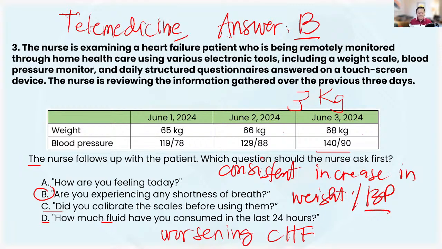Again, the assessment findings that we are seeing, the weight and the blood pressure, are indicating that there is fluid retention rather than the patient excessively taking the fluids, okay?